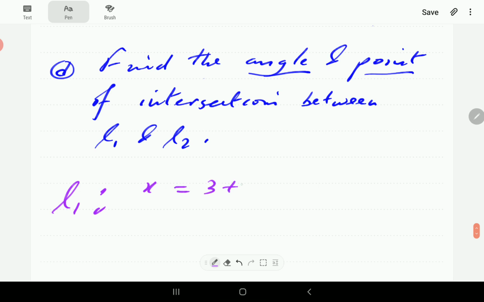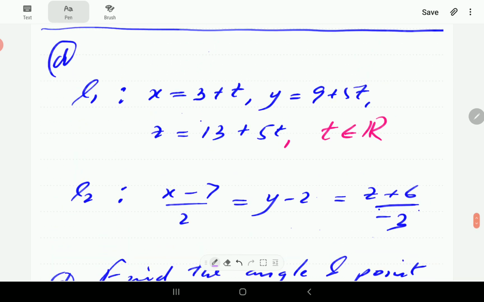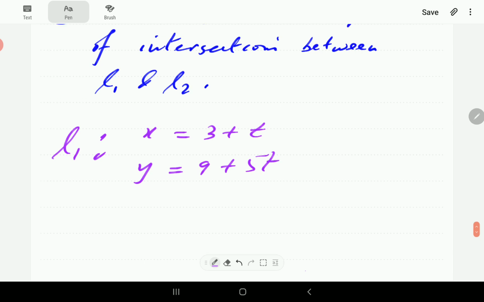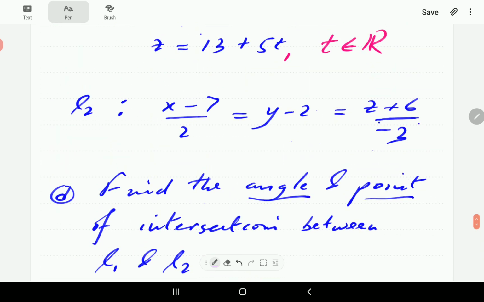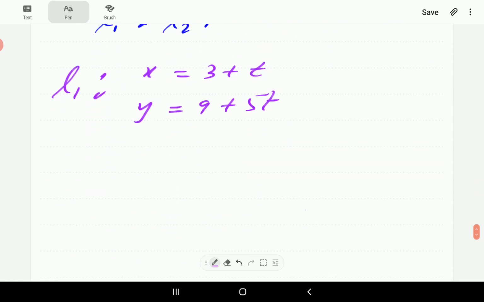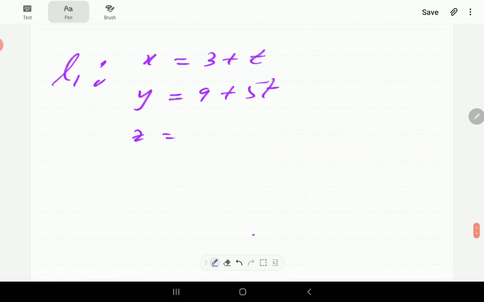So I'm just going to write, these are the parametric equations for L1: 9 plus 5t, and then 13 plus 5t.